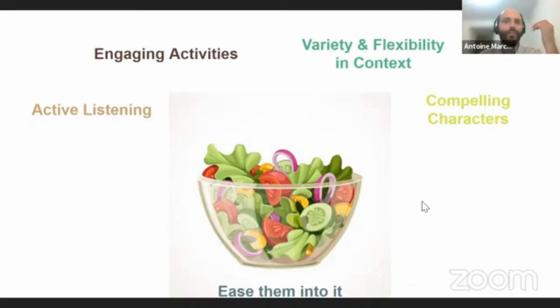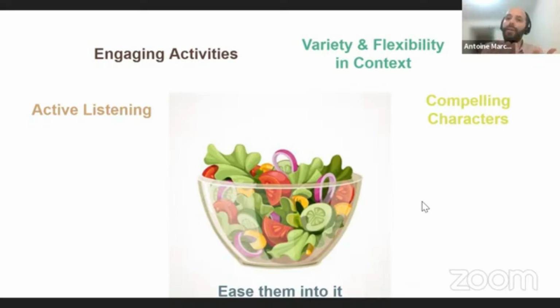And you'll see that your students are going to, if you ease them into it, again, as I said, you don't start with the compelling characters. You start with a bit of active listening, those short conversation starters at the beginning of your lessons here and there, or at the breaks in the middle for a couple of weeks, and then you gradually give them more engaging activities like convince, things like that.